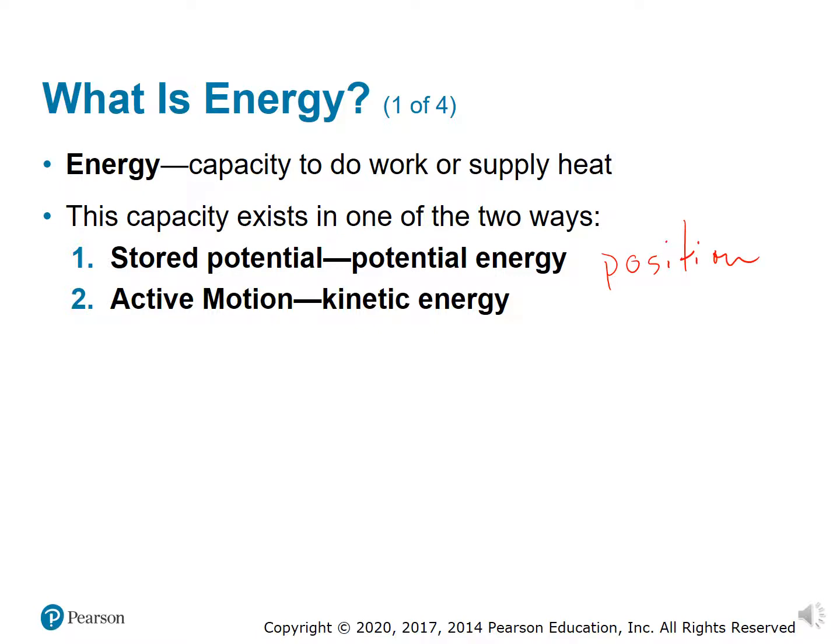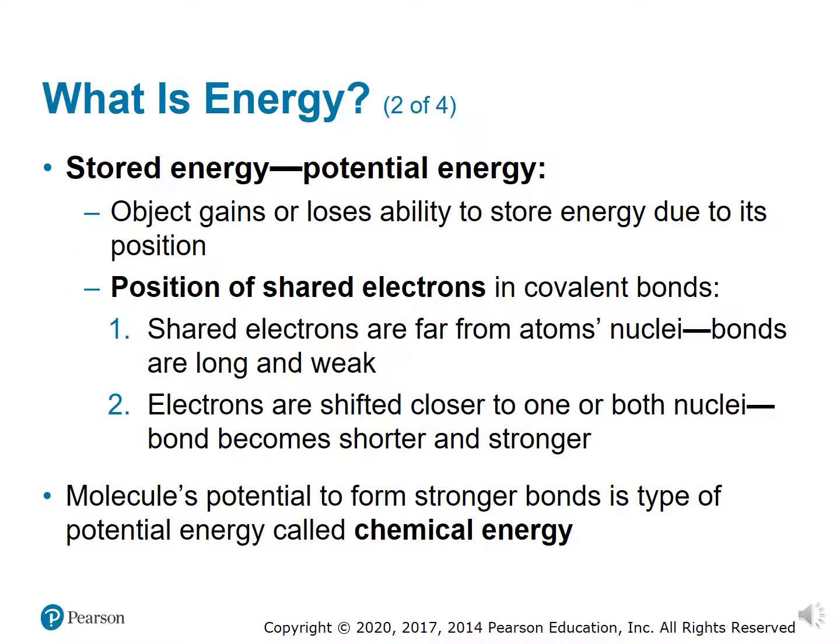When I think of kinetic energy, I think of motion. And I always think of sumo wrestlers. Sumo wrestlers are in motion and they have a lot of energy and heat. So there are 2 types of energy, potential and kinetic energy.